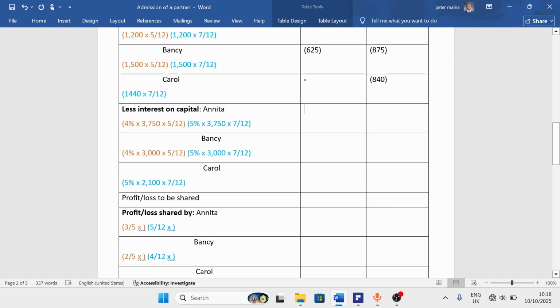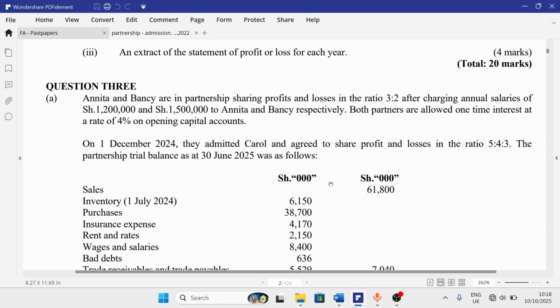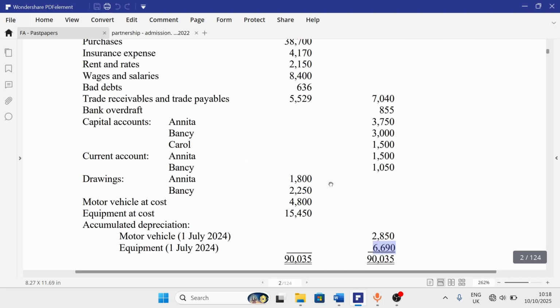So we will go to the question and find the amount of capital for the three partners, starting with Anita. So in the trial balance, we were given the capital accounts. For Anita, the amount is 3750.